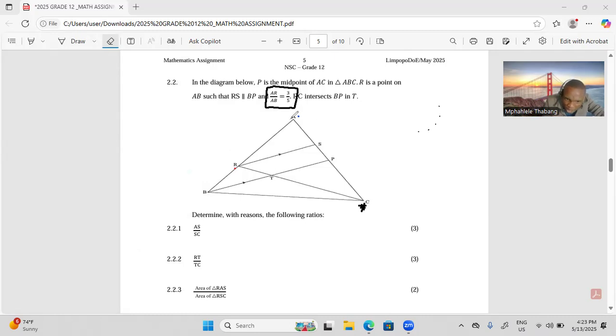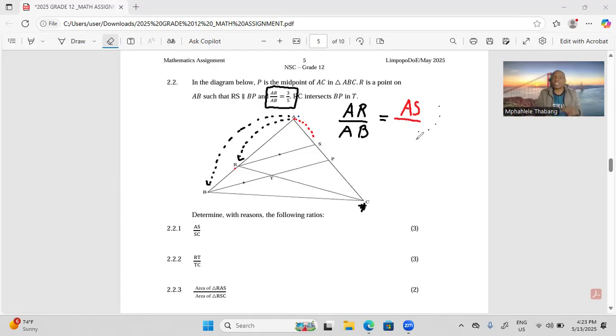So I will say this AR over AB equals, I'm applying the prop theorem. So on this side of AB, I started with AR, which is on top. So on this other side, I will start with AS. So I will say AS over, take into account, I said AR over AB.